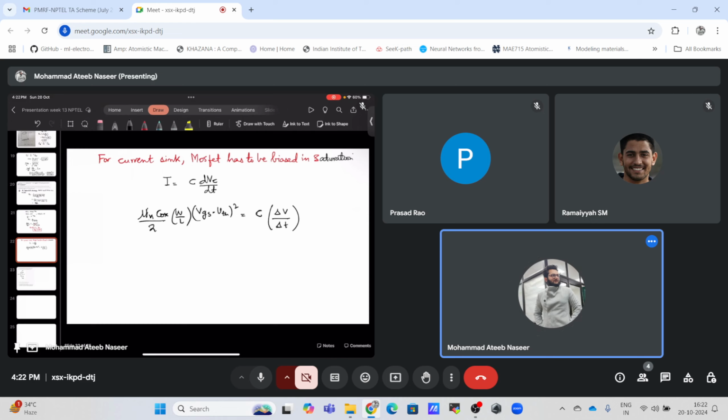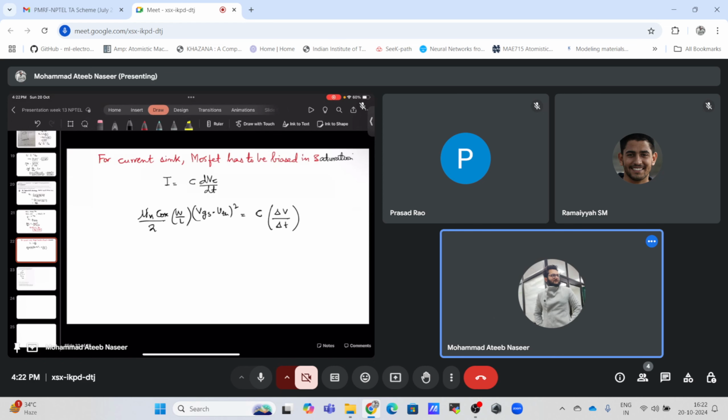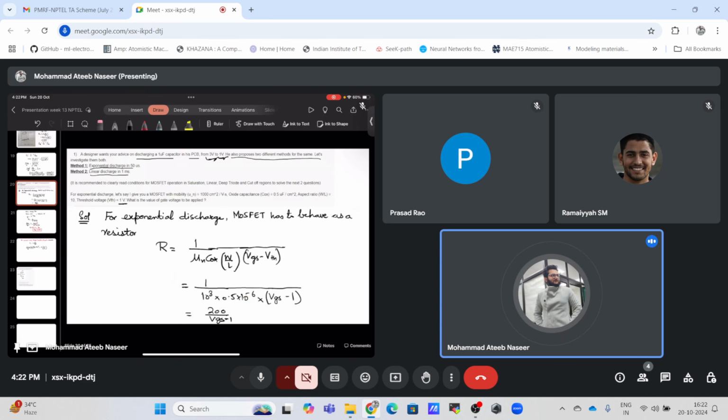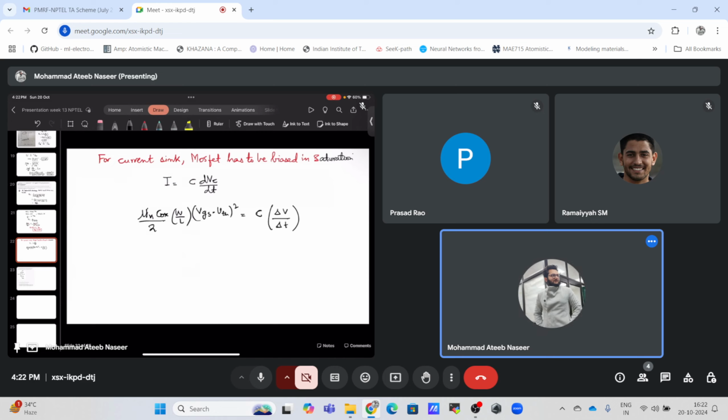Now if I use the values for all these things, delta T is 1 millisecond, and W by L is 10.